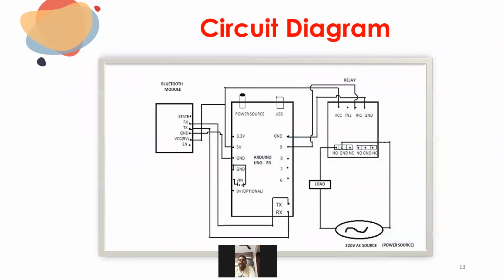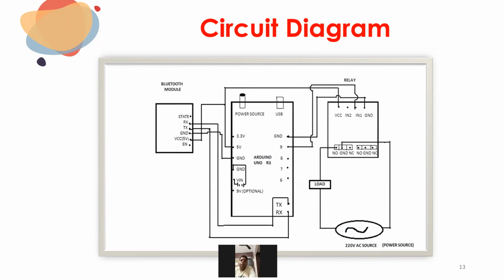For better understanding, let's move to the circuit diagram. Seeing the circuit diagram, the main component here is the Arduino Uno, which contains the coding. Arduino Uno is connected to the Bluetooth module and the relay module. In the Bluetooth module, the receiver is connected to the transmitter of Arduino, and the transmitter of Bluetooth is connected to the receiver of Arduino.